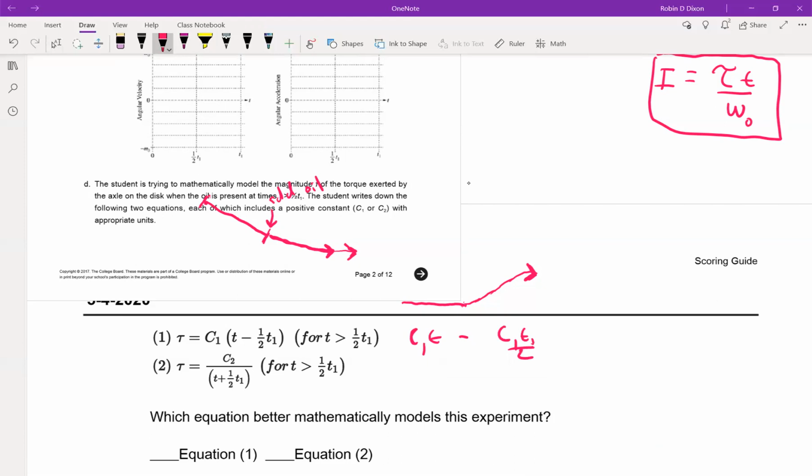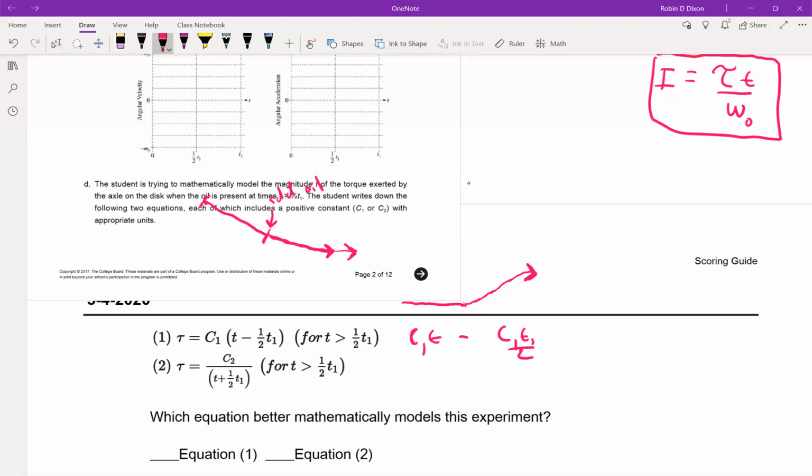As time goes on for the first one, torque is increasing. As time goes on for the second one, torque is decreasing because time is in the denominator. As time increases, this torque is getting smaller and smaller, approaching 0. Versus up here, at time t equals 1 it's obviously a much smaller number than, say, 100 seconds.